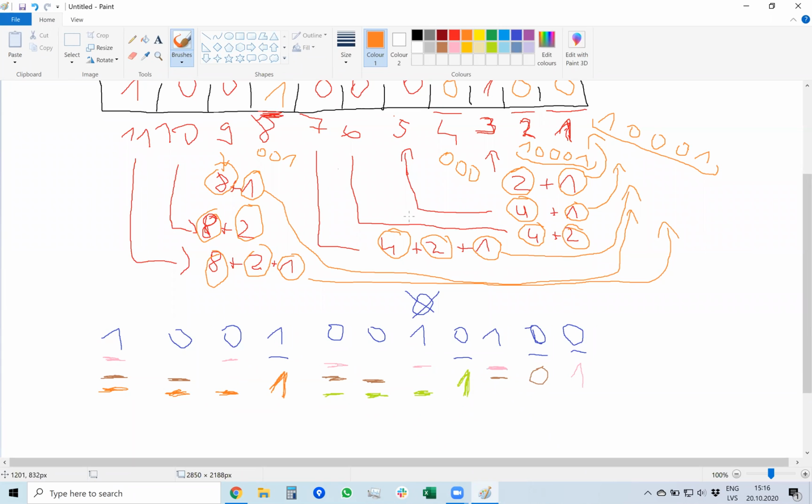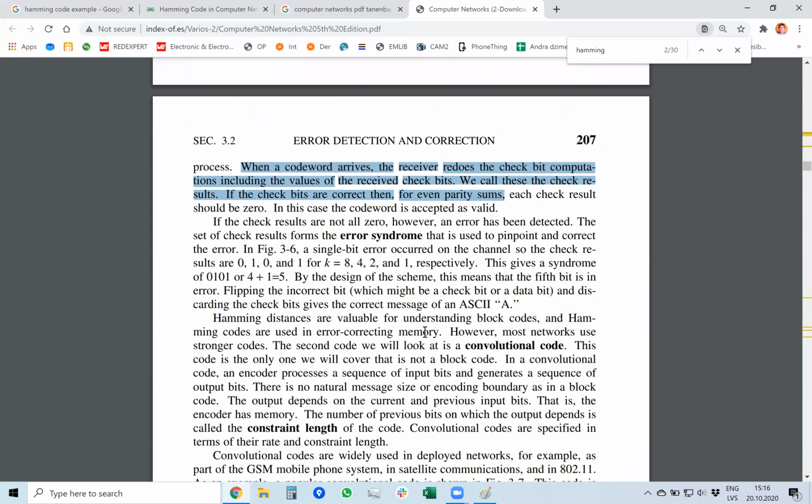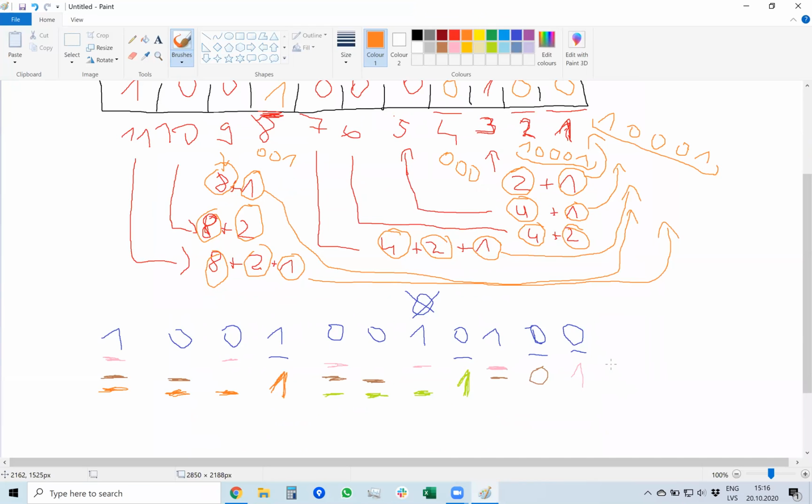So did I calculate everything correctly? Okay, so did I make a mistake here? So 1, 1, 0, 1.